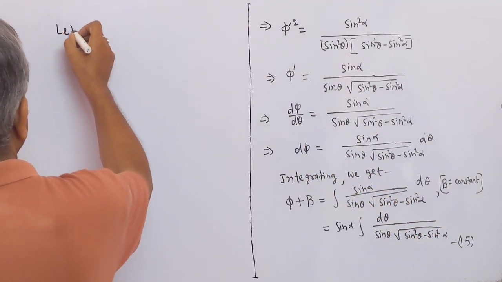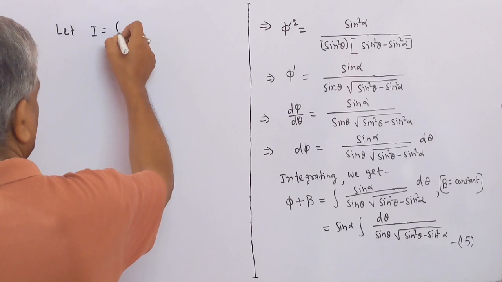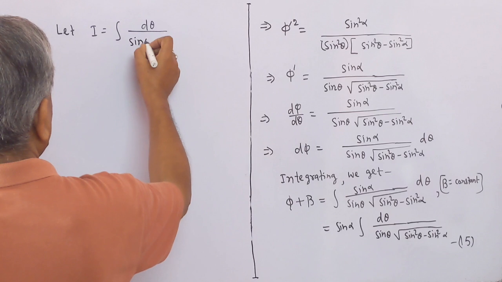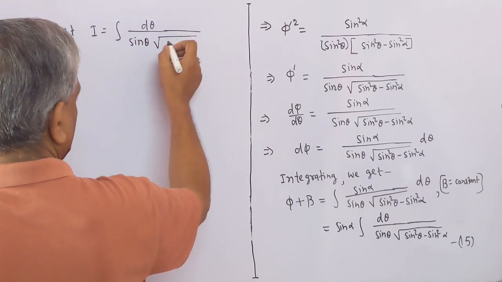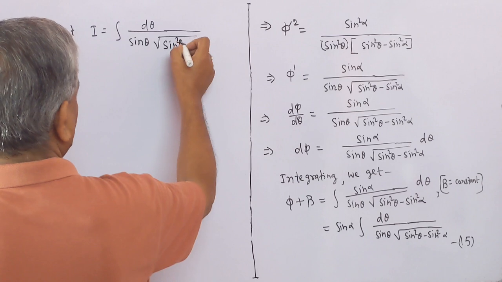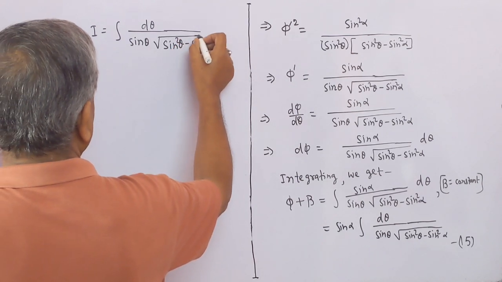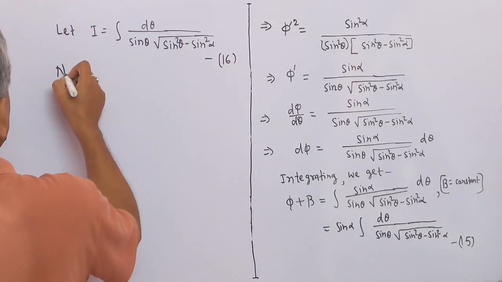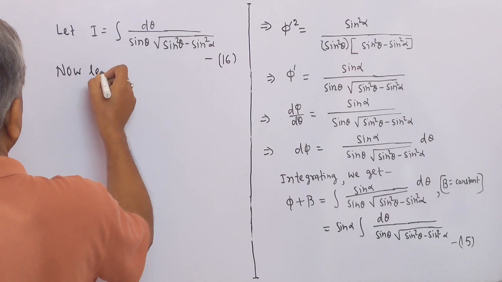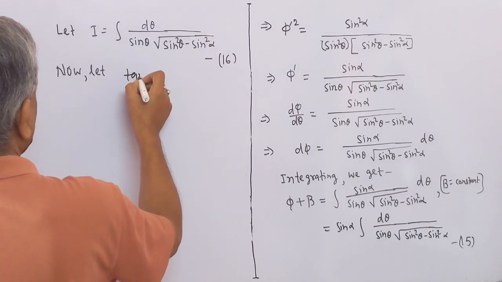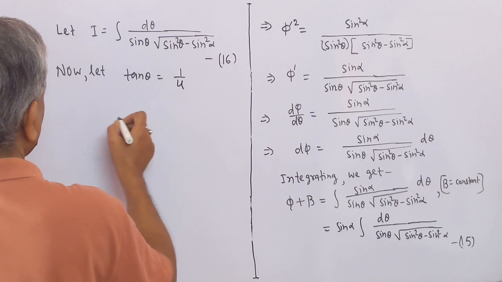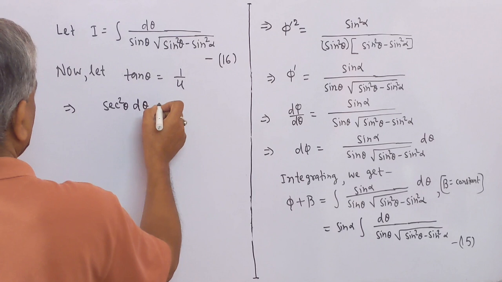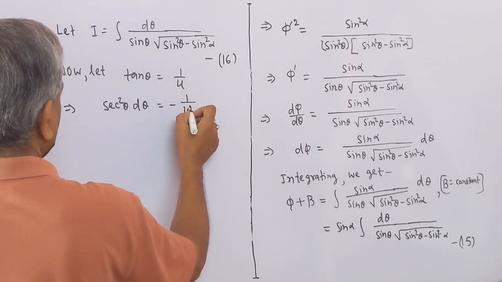Let I equal to integration d theta by sin theta square root of sin square theta minus sin square alpha. Let this be number 16. Now let tan theta equal to 1 by u, implies that sec square theta d theta equal to minus 1 by u square du.